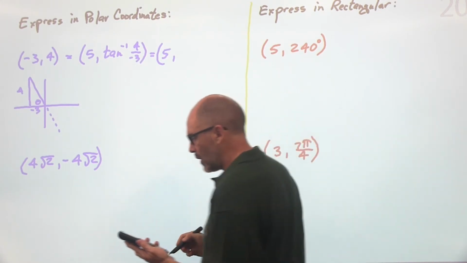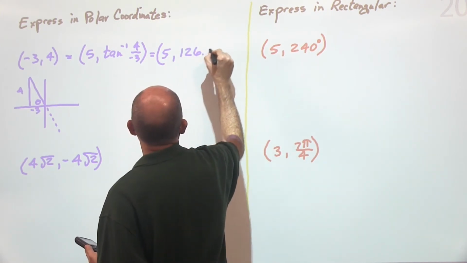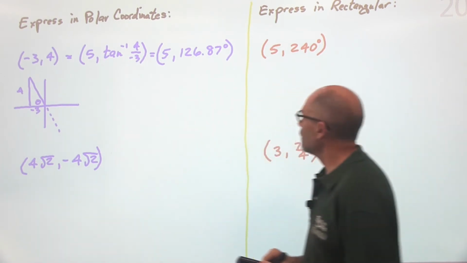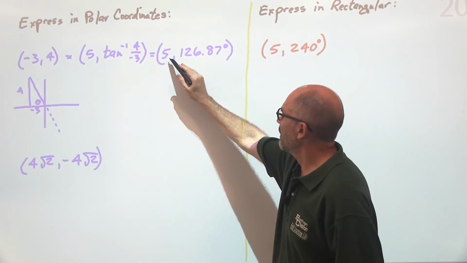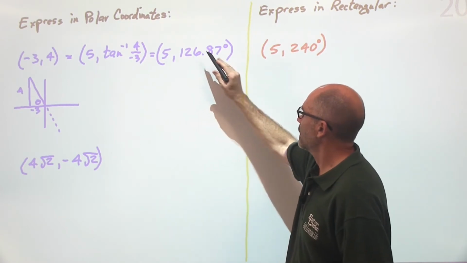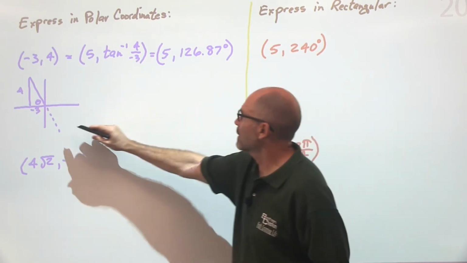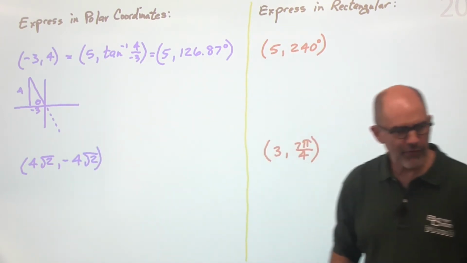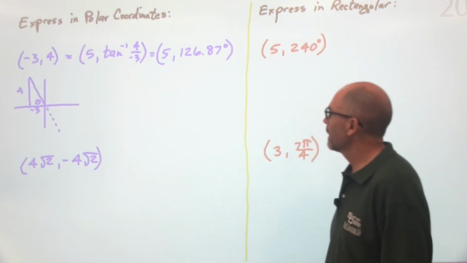And so that gives you 126.87 degrees. Okay, so there's your magnitude, 5 from Pythagorean theorem. It's always positive. And your angle, we had to adjust from what our calculator gave us. So never just take the word of your calculator.